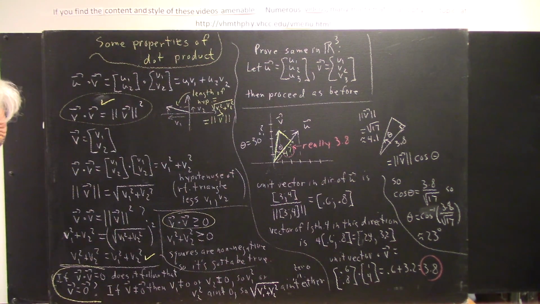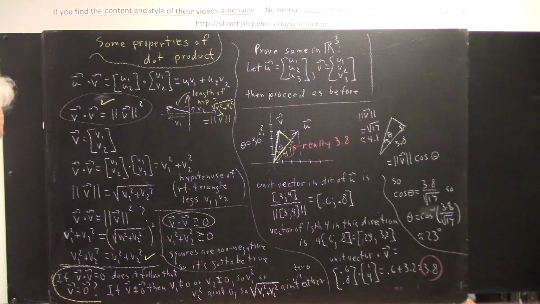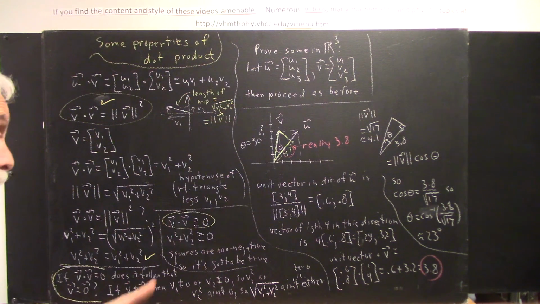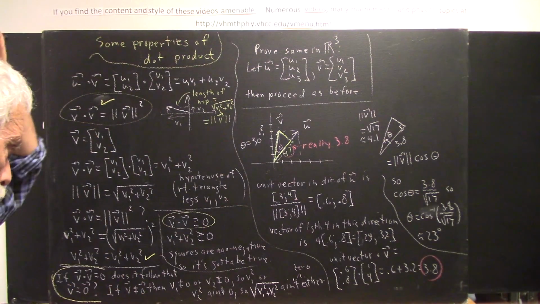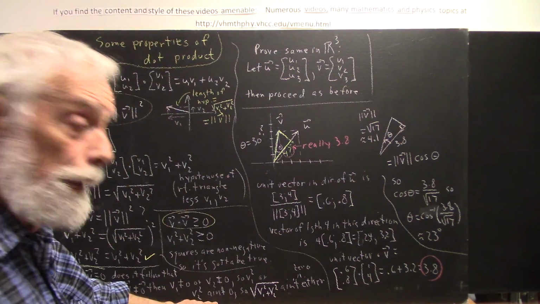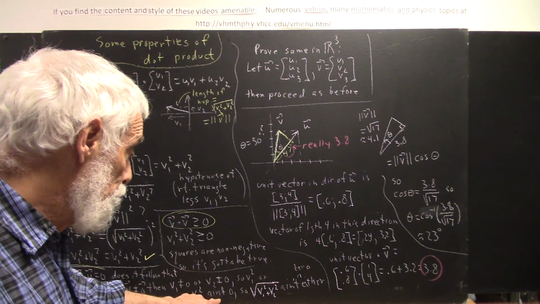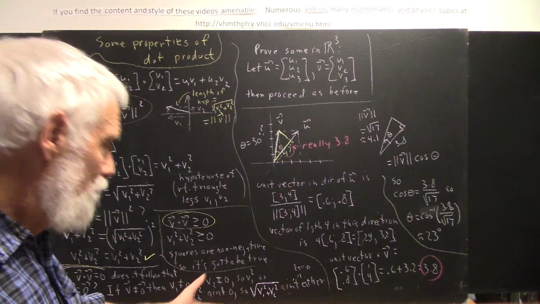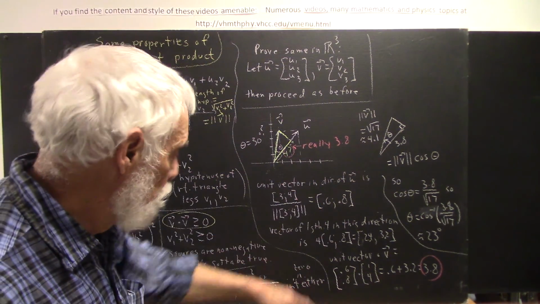Now, it might be that neither one of them is 0, but at least one of them has to not be 0, because otherwise they're both 0, and then v is just the zero vector. Okay, so if either of these is not 0, then either v1 squared or v2 squared isn't 0. And if one of these isn't 0, then the sum of the two squares isn't 0 either.